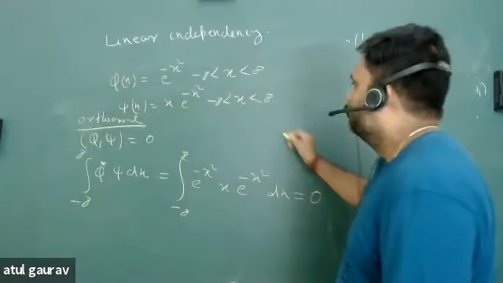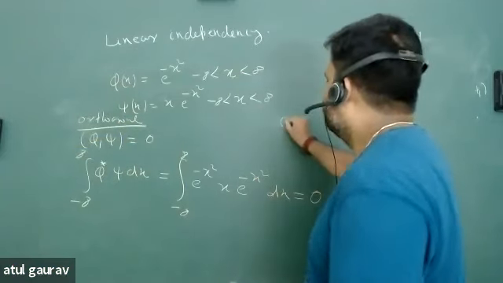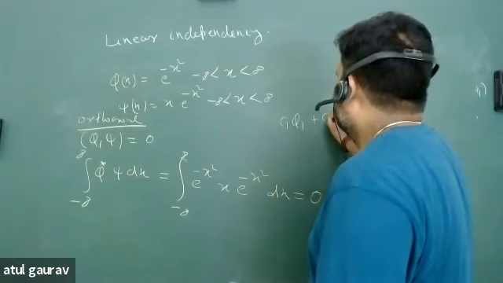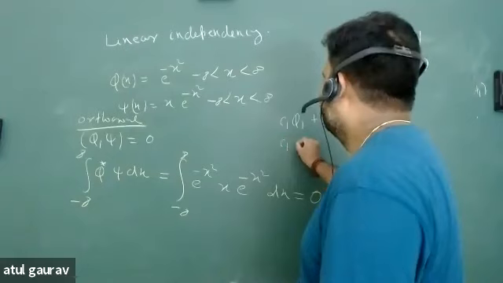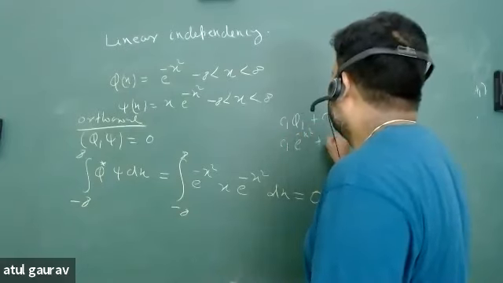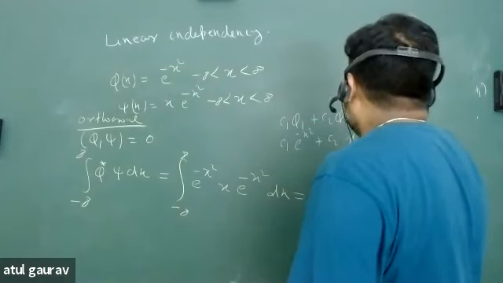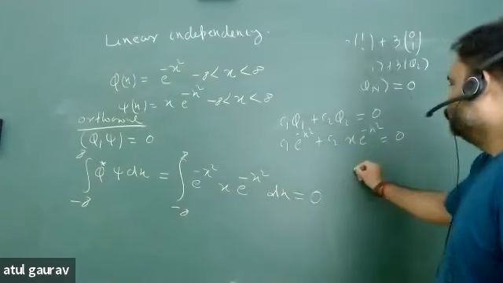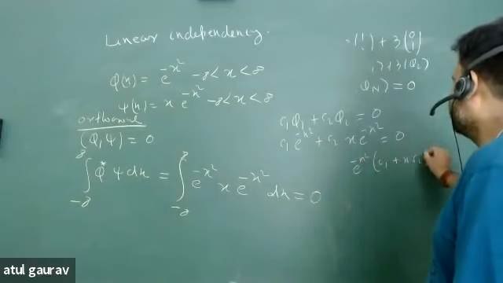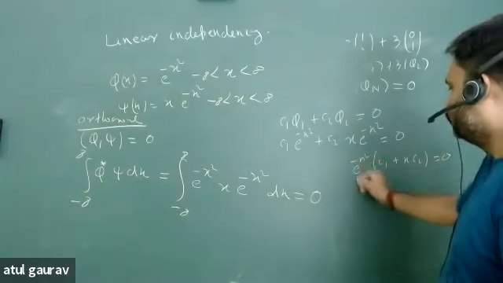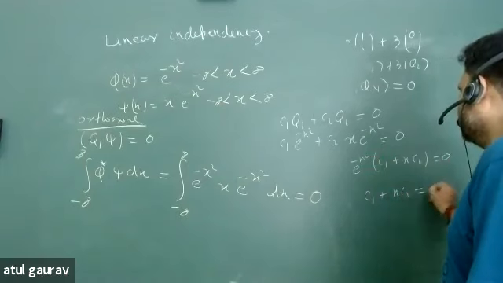So let's check. We can write C1 phi 1 plus C2 phi 2 is equal to 0. You have C1 e to the power minus x square plus C2 x e to the power minus x square equal to 0. You can take e to the power minus x square common, which is not equal to 0. So you have C1 plus x C2 is equal to 0.